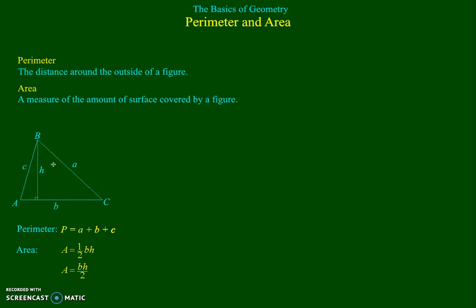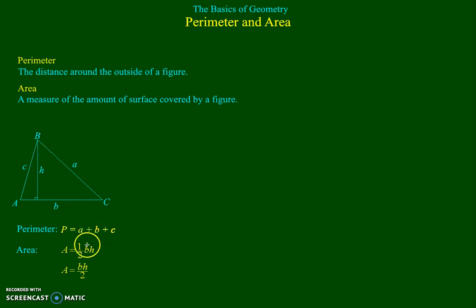Now later on, as we get into more advanced topics, you won't be given that much information, and you're going to have to be using a lot of different types of relationships to find the area and perimeter of triangles. But at this level, we're just interested in finding the length of each one of the sides and adding them up.